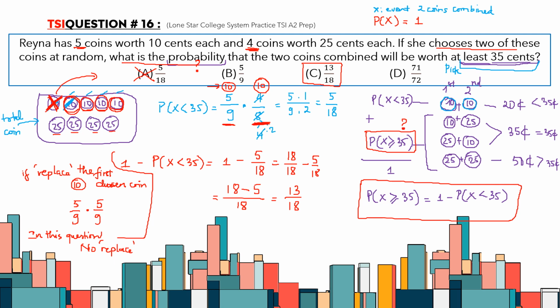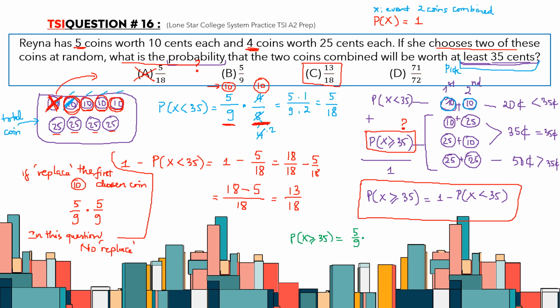In this question, we can also use another way, as I said at first, by calculating the probability of the event that the first coin is 10 cents and the second coin is 25 cents. So we can do it like this, the probability of x greater than or equal to 35 cents. The first one will be 10 cents, so we have 5 over 9.